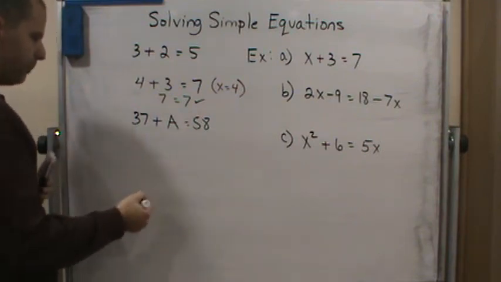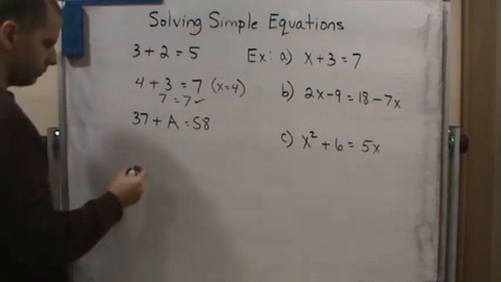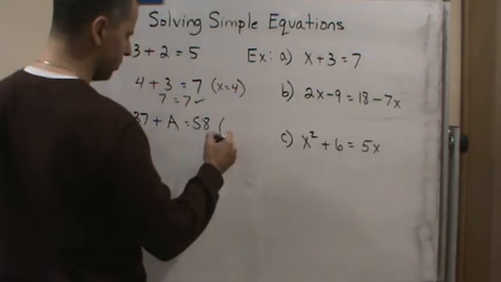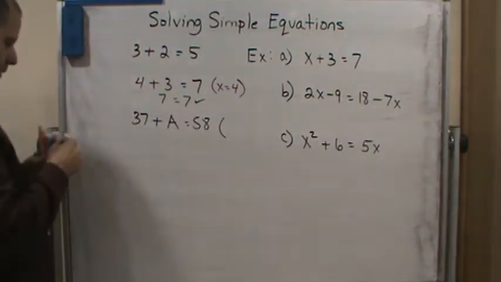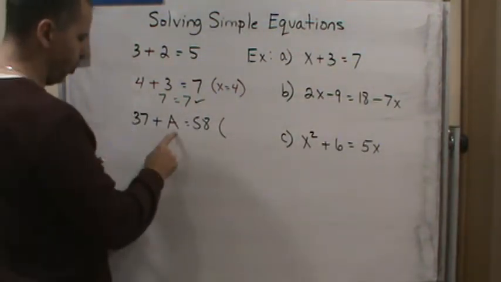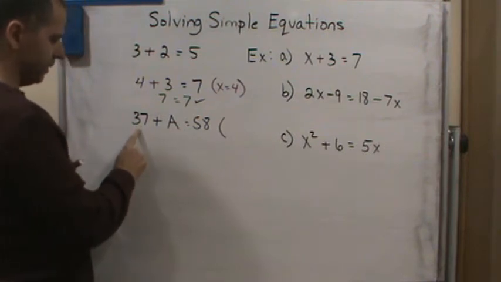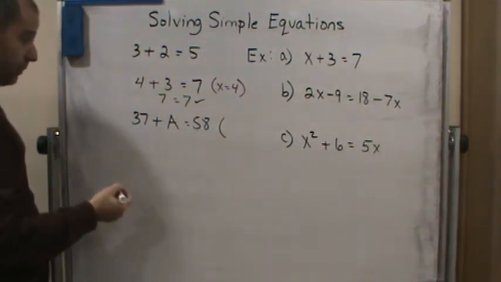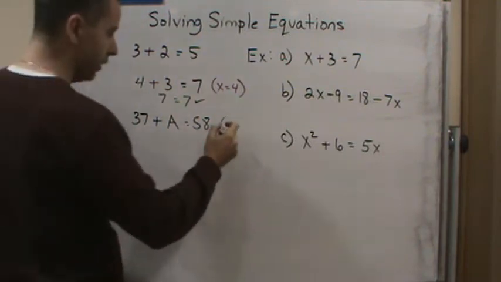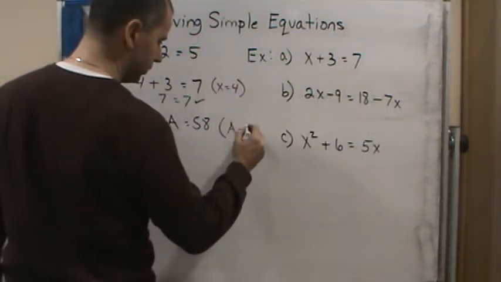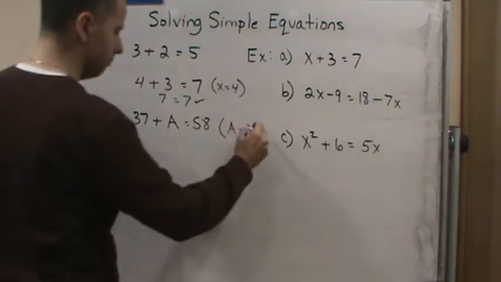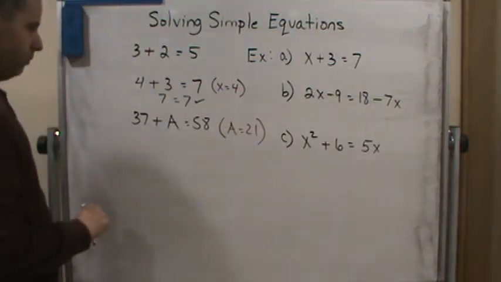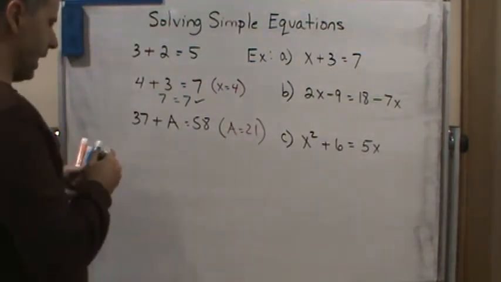For example, here we would ask, what is the solution? Well, we ask ourselves, what do we need to add to 37 to make it into 58? That would be 21. So we would say a equals 21. How do we check that?